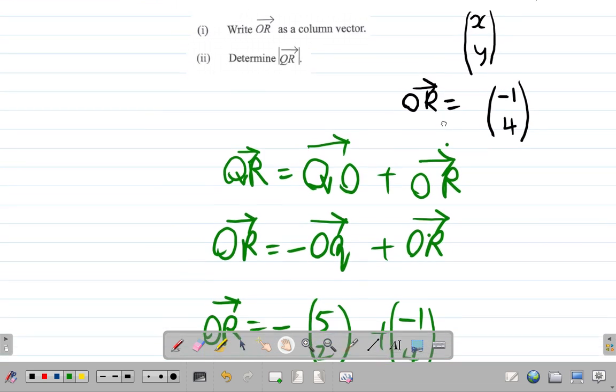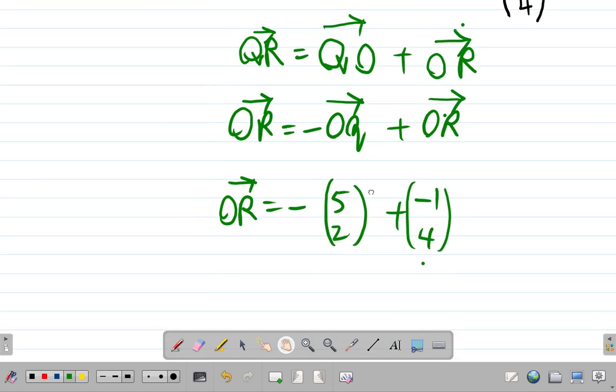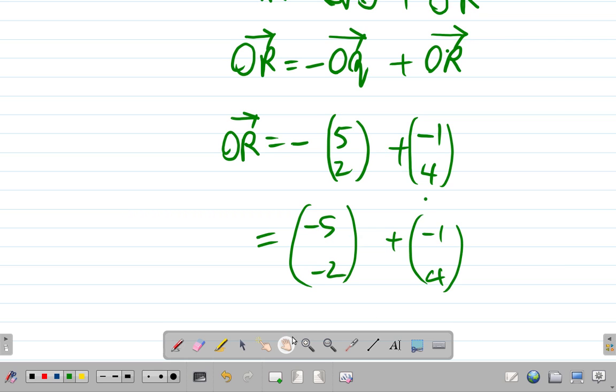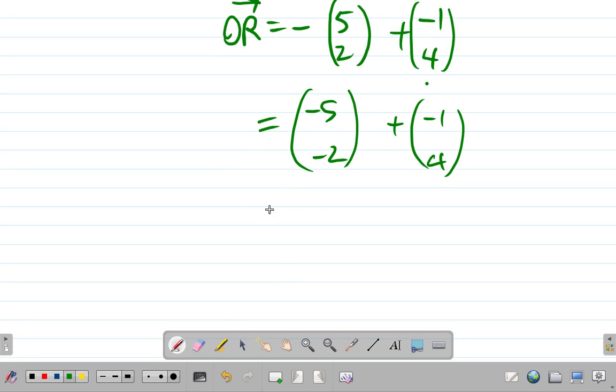Now, what you're going to do is open the bracket and make the 5 negative and the 2 negative. So this is equal to negative 5, negative 2. Good. Plus negative 1, 4. We're adding two column vectors here. So what you have is one single column vector. Negative 5 minus 1 in the x position.